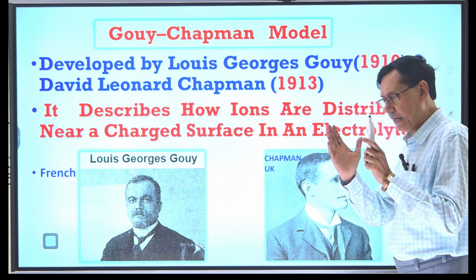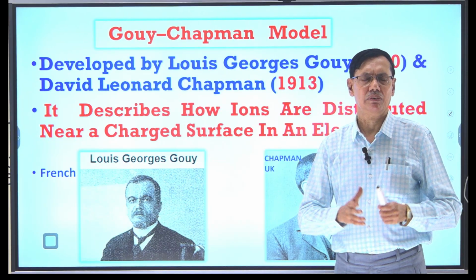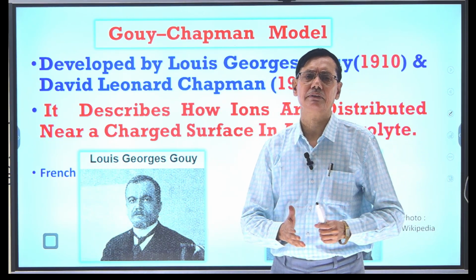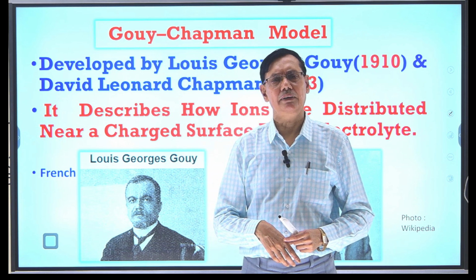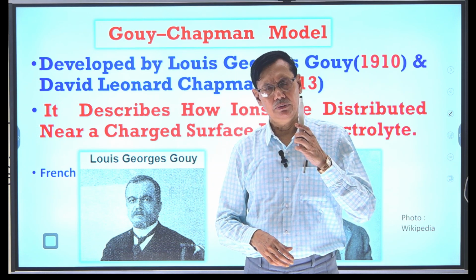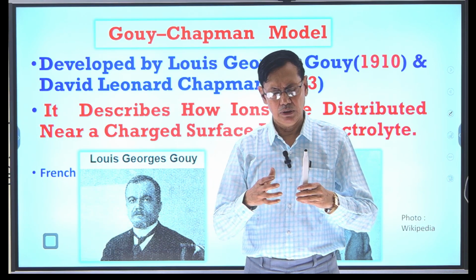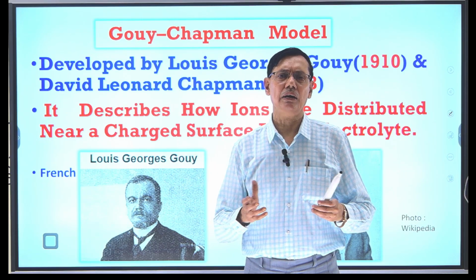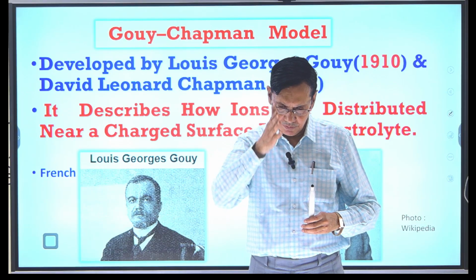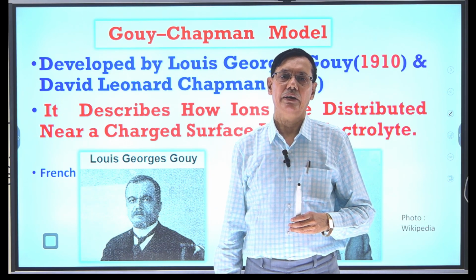Because you know that if we take an electrode, or sometimes we call it a charged surface, and dip it in an electrolyte, if this electrode is positively charged, then due to electrostatic attraction there is a layer of negative ions.